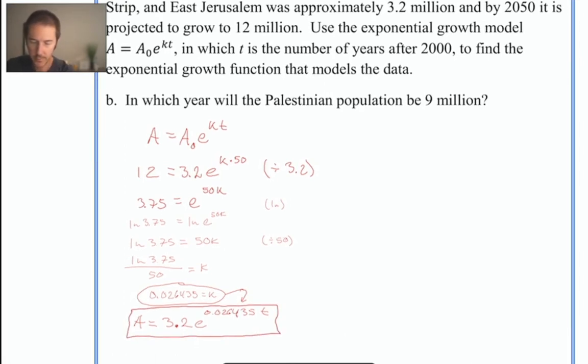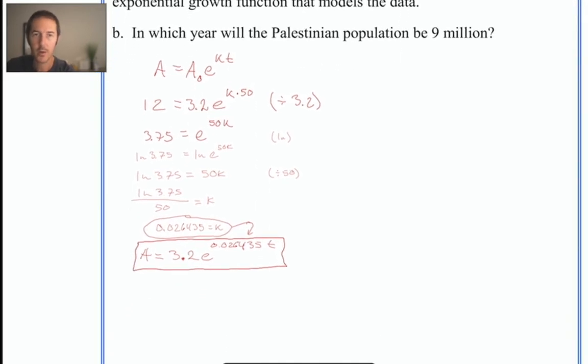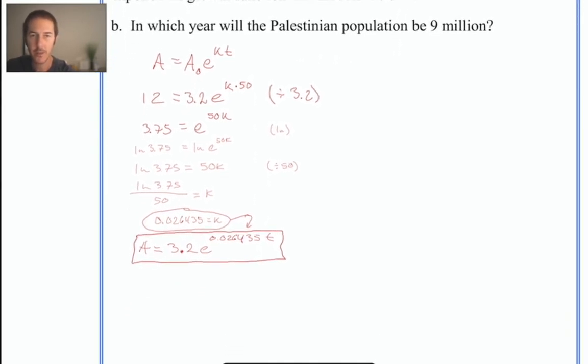In order to find our answer for part B, we want our population to be 9 million, and we're going to calculate in which year, potentially, according to the model, that we will reach that population. So for part B, let's plug in 9 million for our final amount, equals 3.2, that's our starting population, times e to this terrible k value, times t.